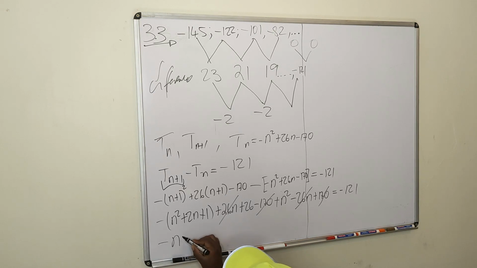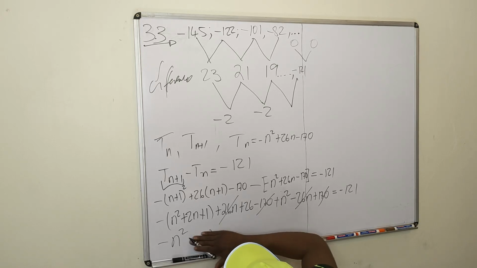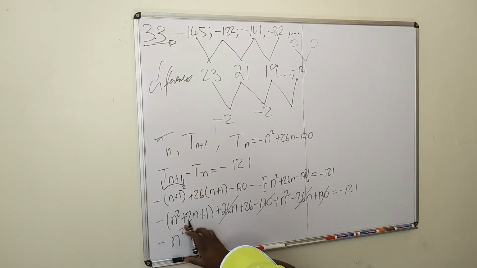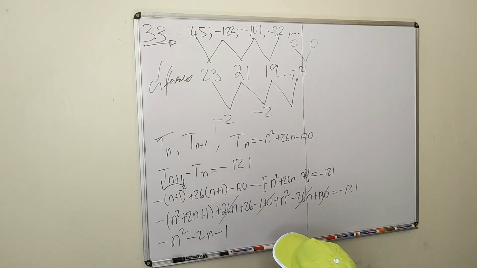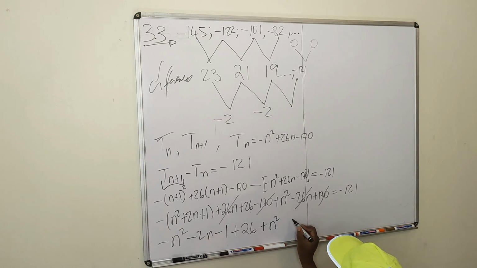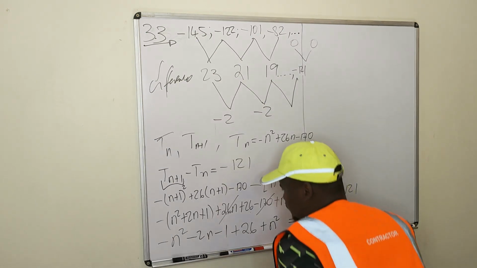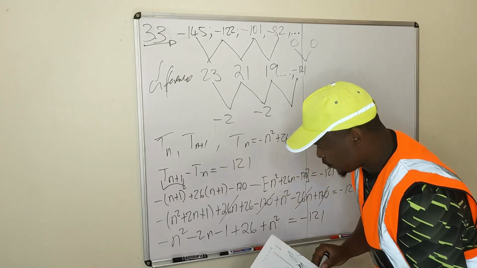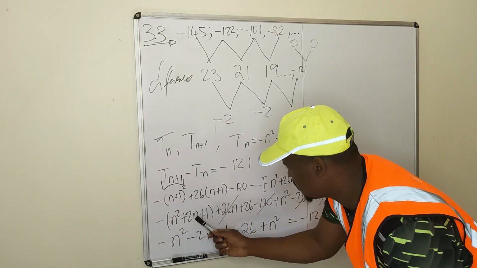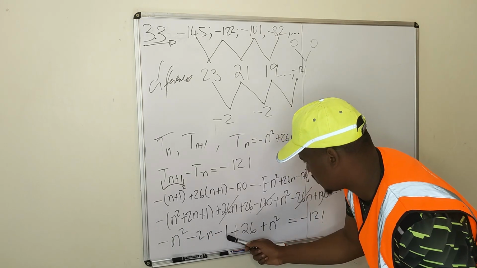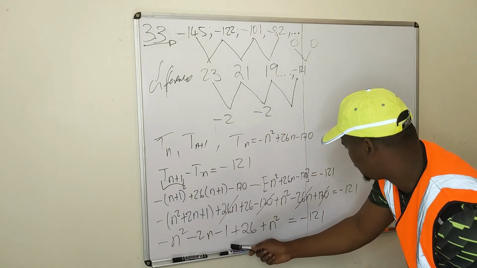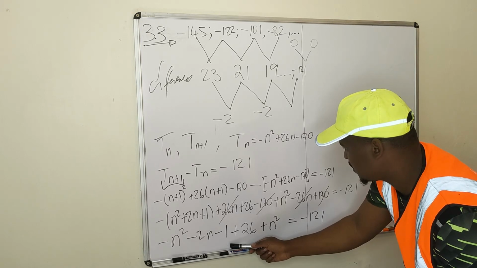We're left with negative n squared plus 2n plus 1, plus 26, plus n squared, equal to minus 121. Remember, this times that is this one, this times that is that one, right?